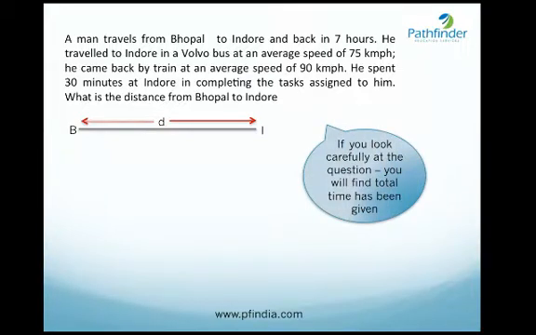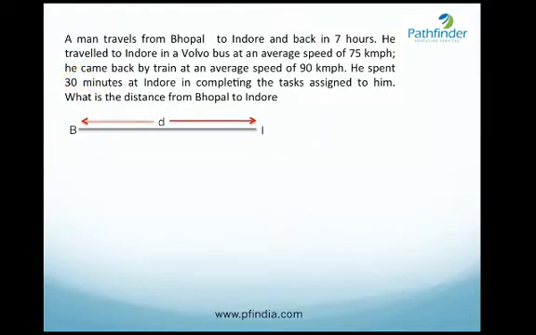If you carefully look, you'll find that the total time has been given. Because this person travels to Indore at 75 kilometers per hour, he comes back at 90 kilometers per hour, and at Indore he spends 30 minutes. So total time for all these three activities has been given as 7 hours.